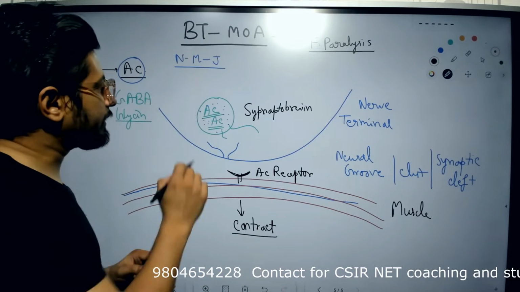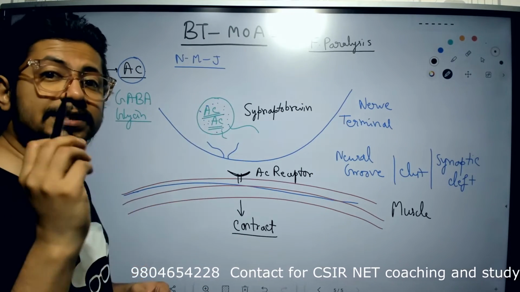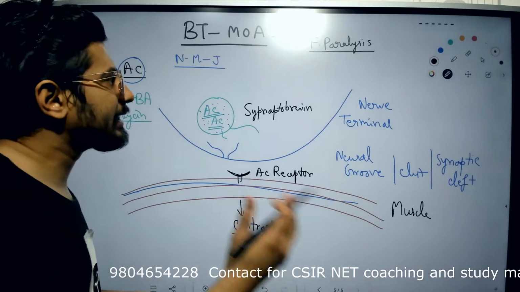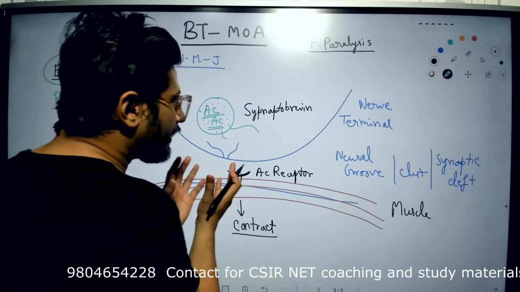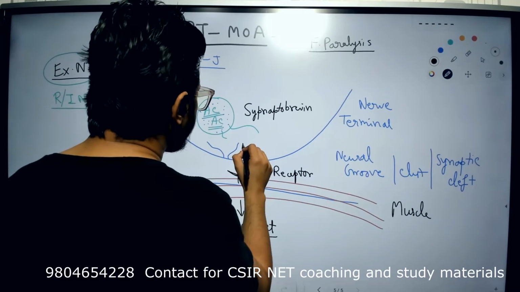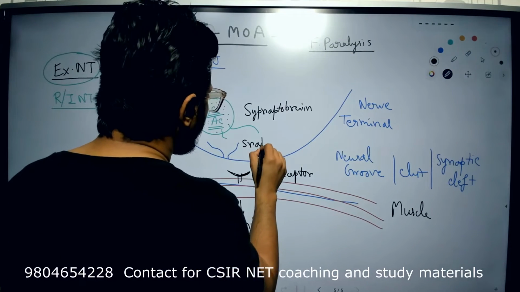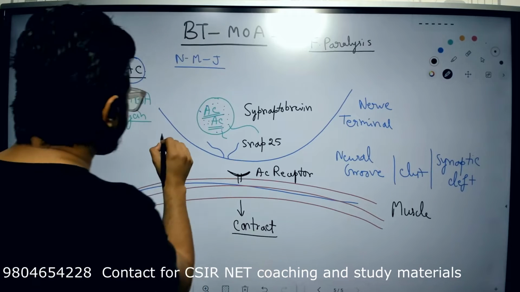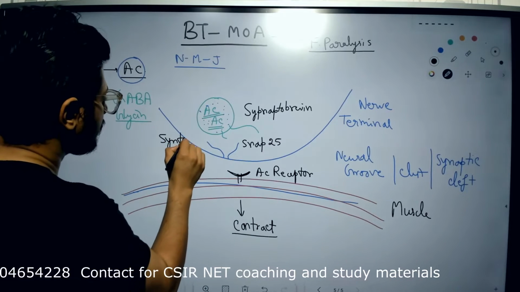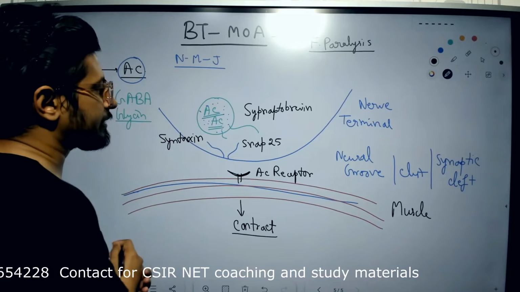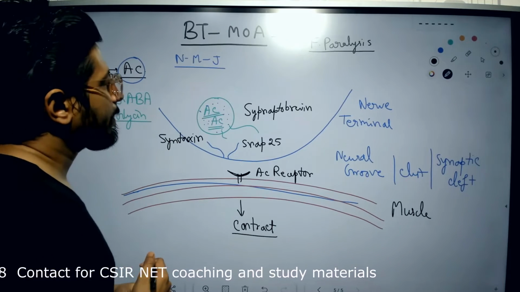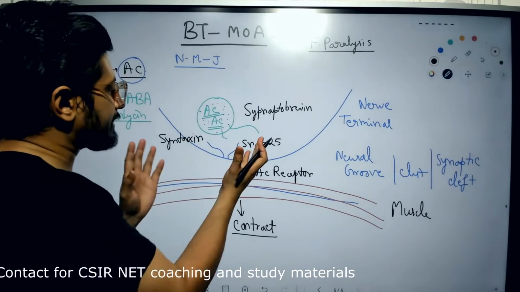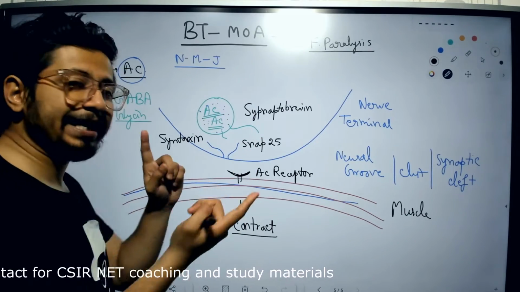The zipping protein that comes from the vesicles is known as synaptobrevin, and the zipping proteins present on the nerve terminal are known as SNAP25 and syntaxin.